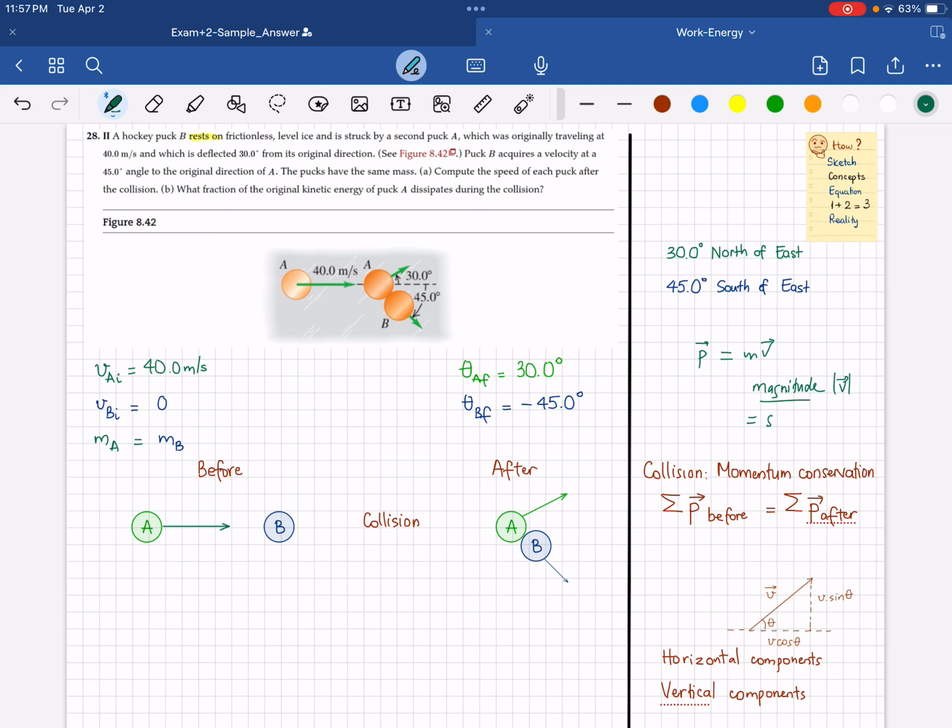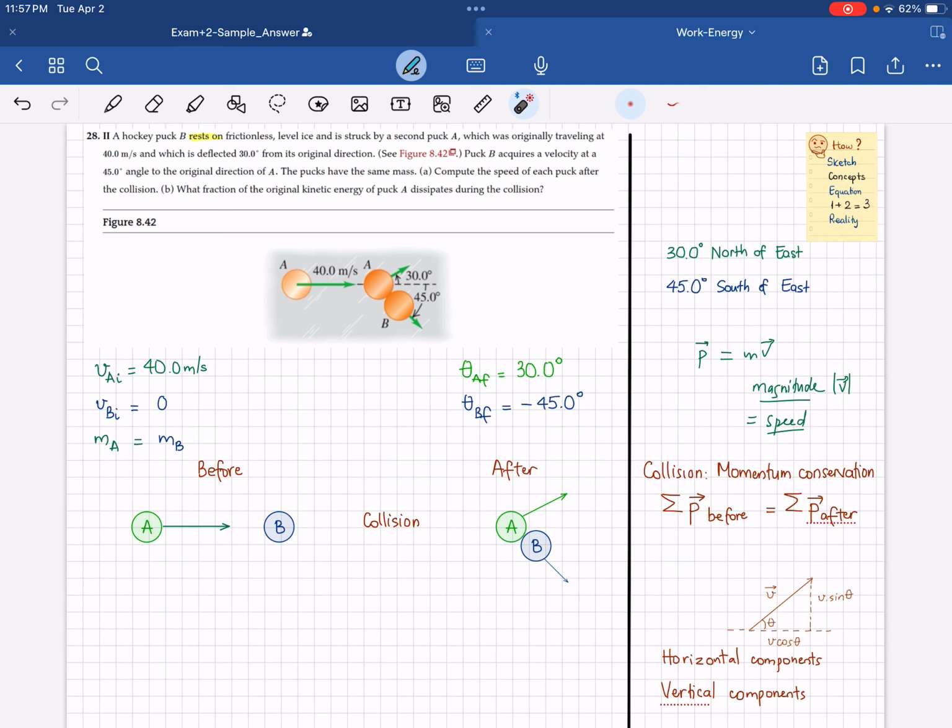The magnitude of the velocity is the speed. What's interesting here is that we don't have velocity in just one direction, but in different directions. So we have to analyze them into horizontal components and vertical components, which is the simplest way to choose.